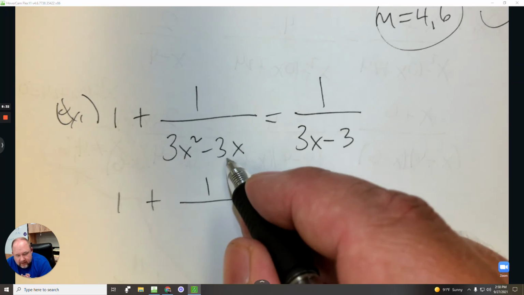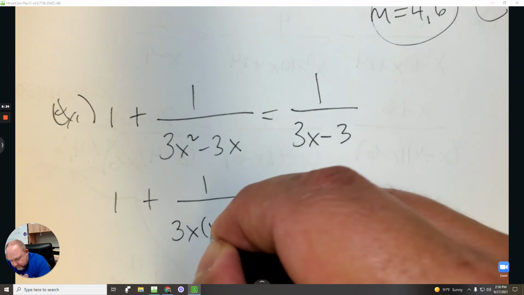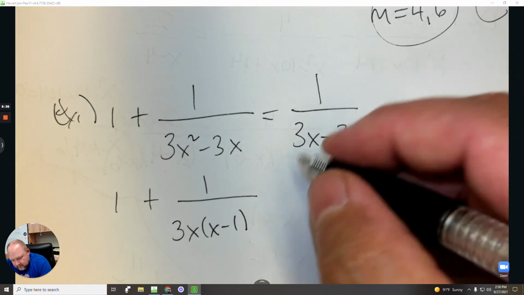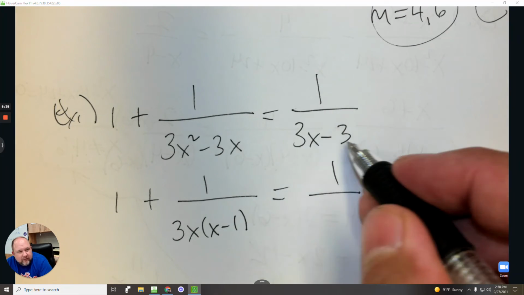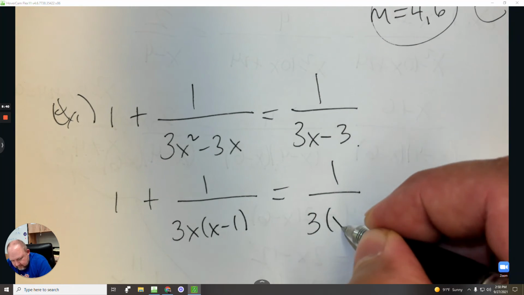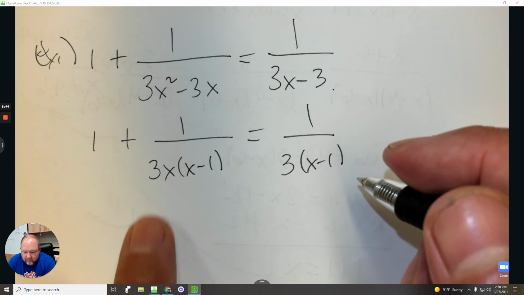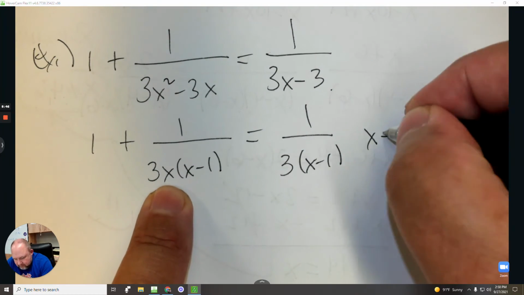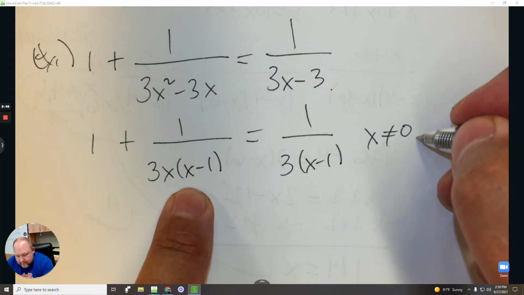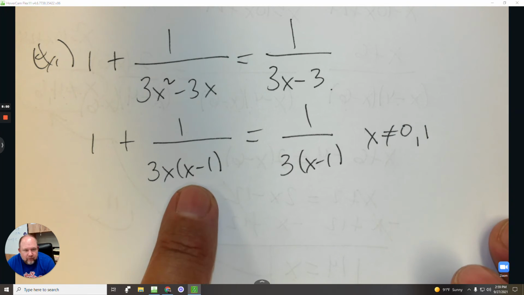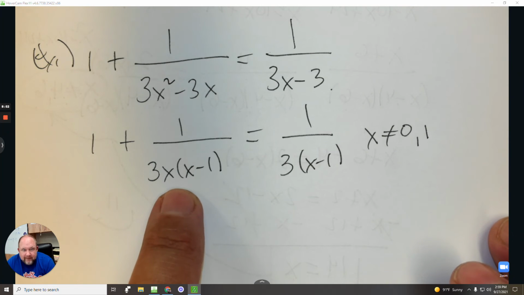So factor the denominator, and then factor out a 3, and then recognize what x cannot be. So x cannot be 0, and x cannot be positive 1. Both of those values, if you plug them in, would make it 0 in the denominator.